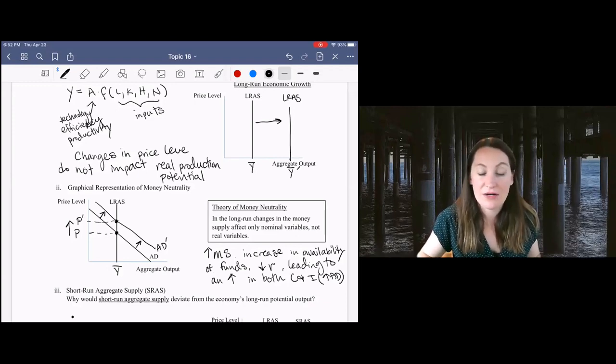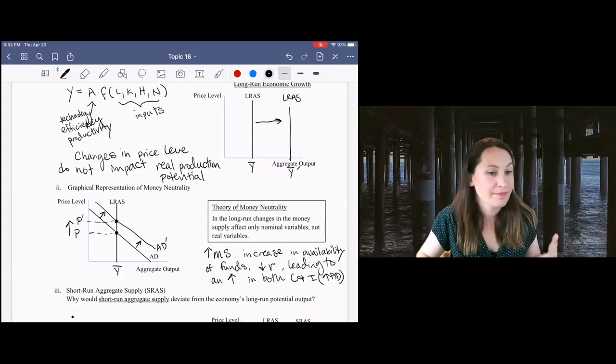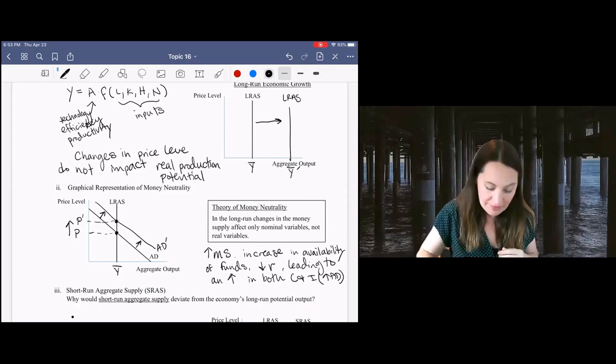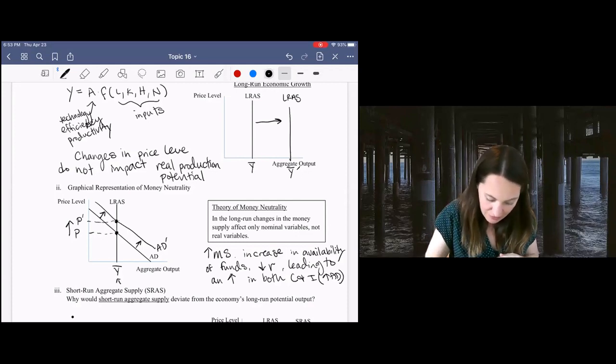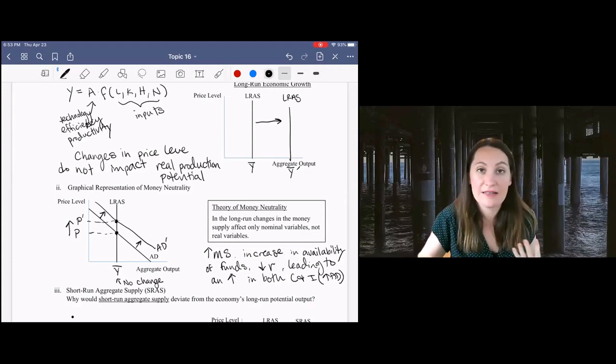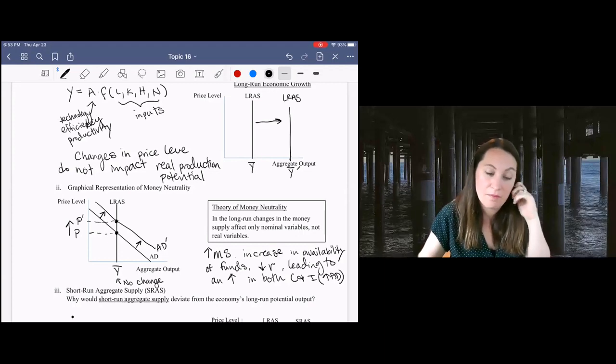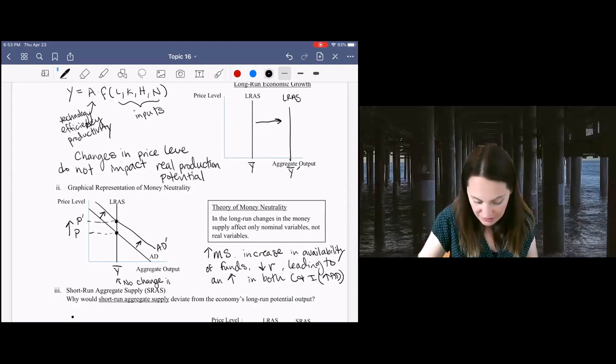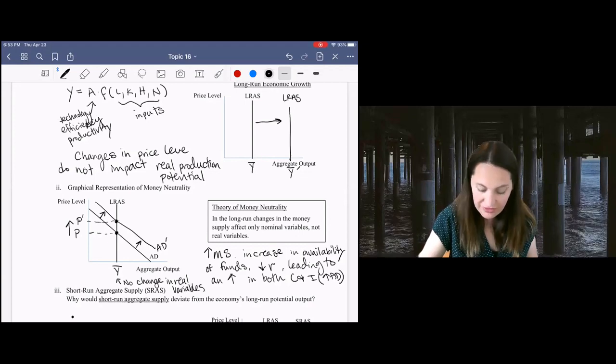In the long run, we increase money supply. That will increase prices, right? But we have the same level of output. We have the same need for labor, right? That's not going to change employment. So there's no change in the real variables within our economy, only the nominal variables, right?